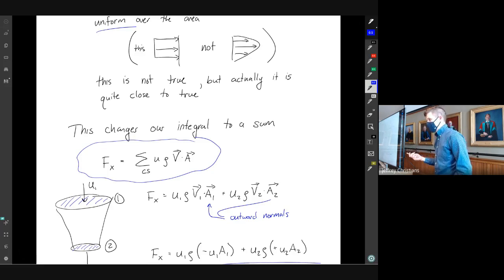So uniform velocity is a handy assumption because it gets us from the land of integration to the land of sums and normal multiplication. Then it becomes, how do you track all of the forces happening in your system, pressure and gravity and things like that.